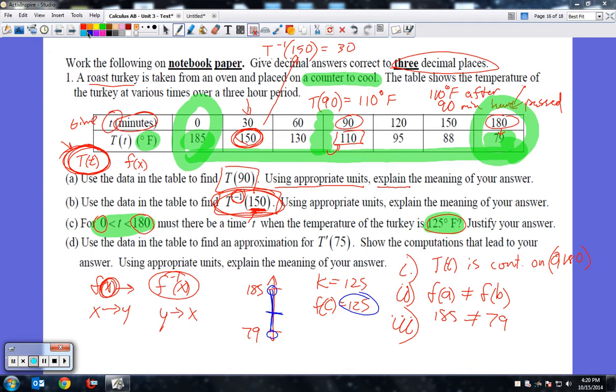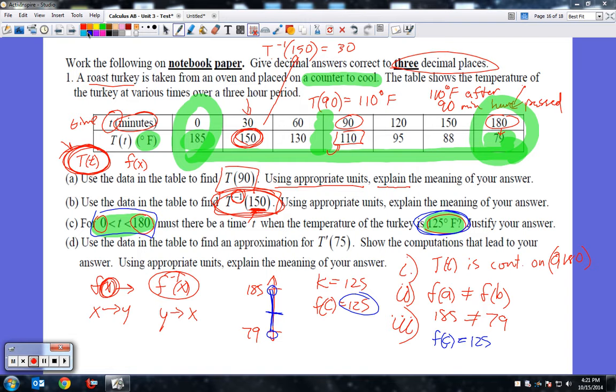So I can continue with this with the theorem, and the theorem does hold. So we're going to say let f of c, or let k, equal 125. That way we can go ahead and show that it will exist somewhere in between, and it will give us the value of x that exists in between. This 125 does exist, and it will yield a value that is in between 0 and 180.